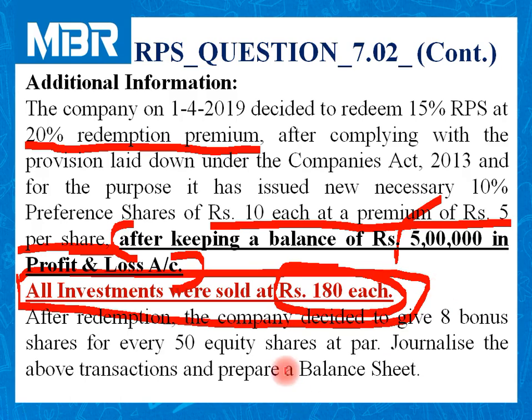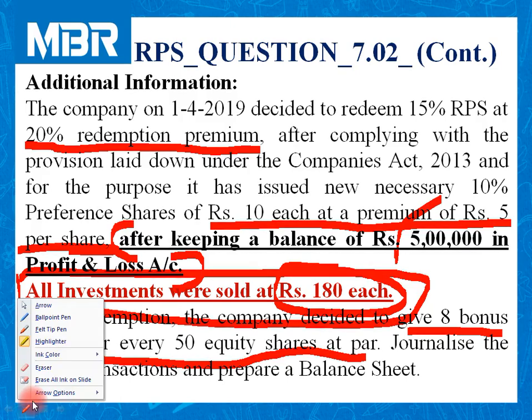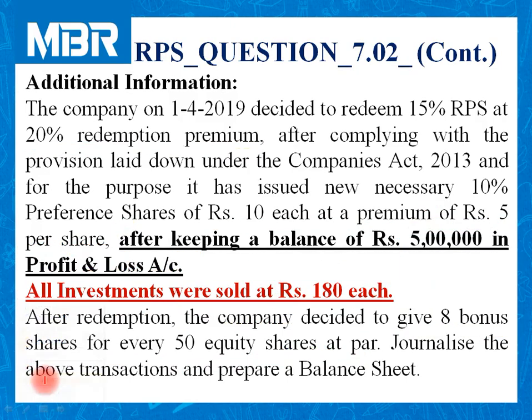After redemption, the company has decided to give 8 bonus shares for every 50 equity shares at par. And what to do, that we know better. We need to journalize the transactions and we need to prepare a balance sheet.